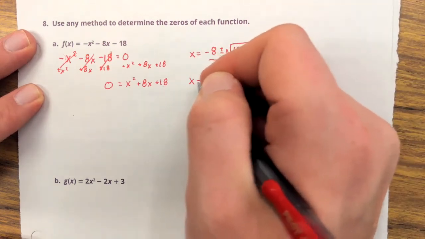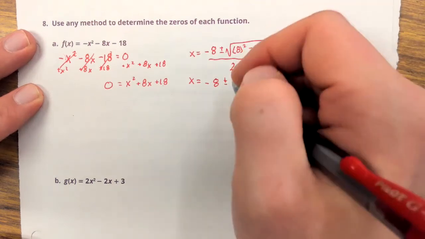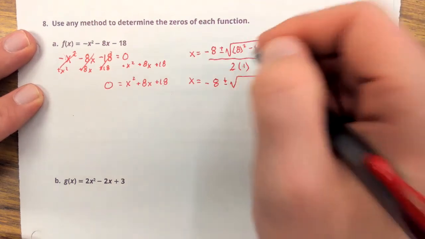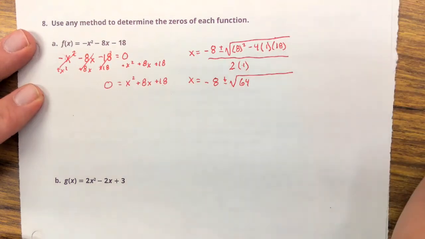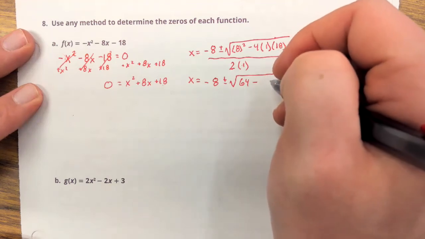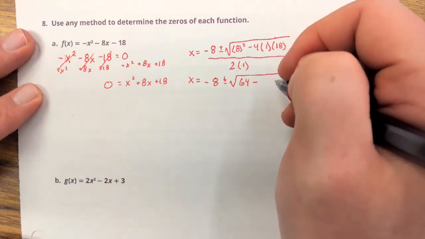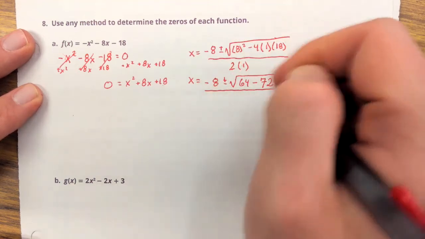So just keep working through this. It just becomes simplification now. Negative 8 plus or minus square root of 8 squared, which is 64, minus 4 times 1 times 18, which is 72, and that'll all get divided by 2.